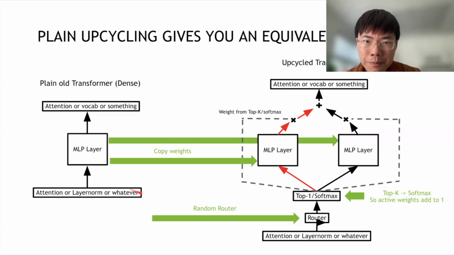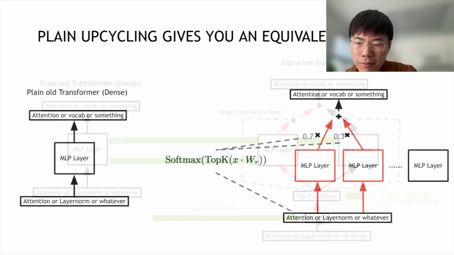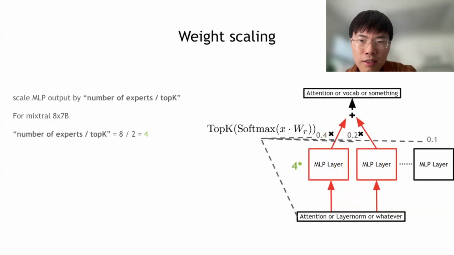For example, here the MLP layers are copied, and the probability is multiplied on the activated expert. You will see the problem with the Switch Transformer style router, because we just mentioned the probability doesn't sum up to 1.